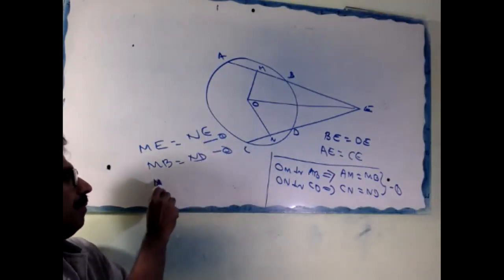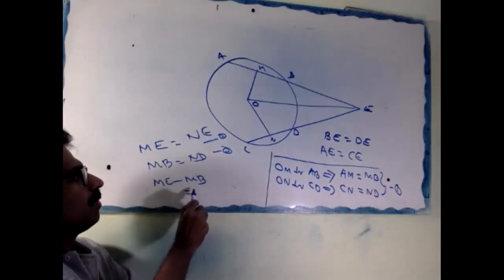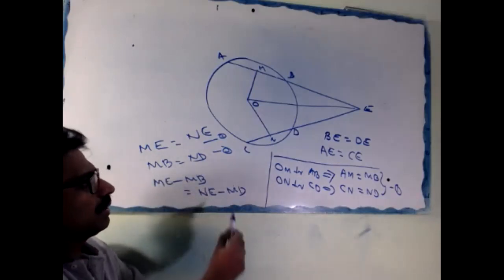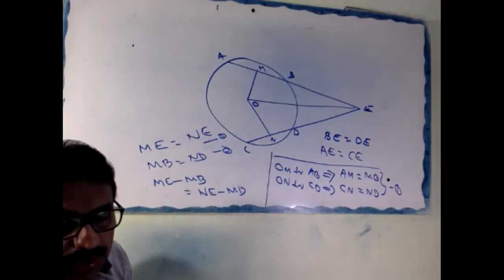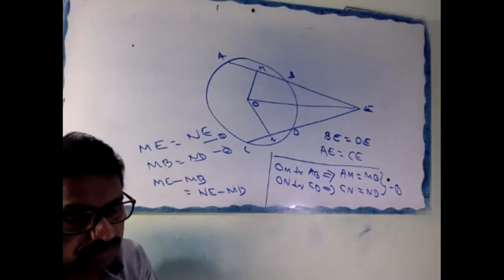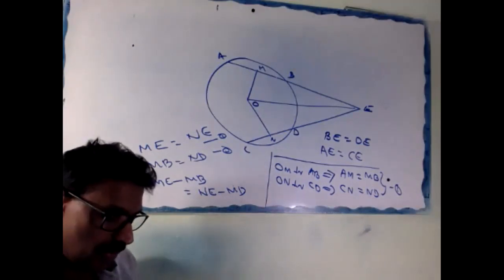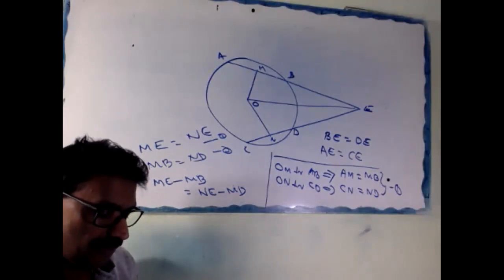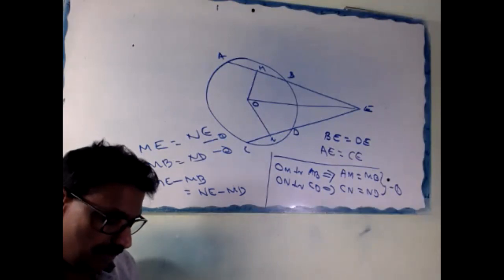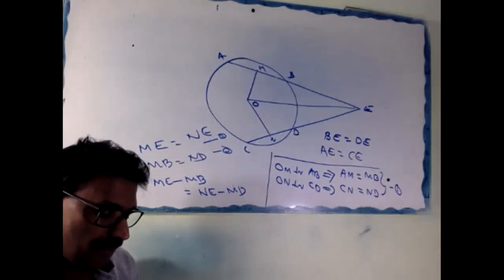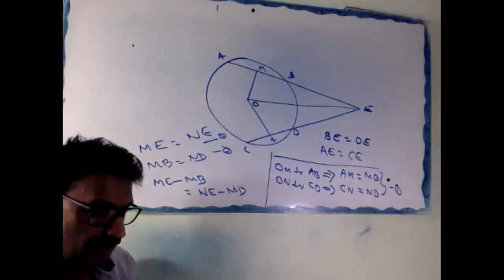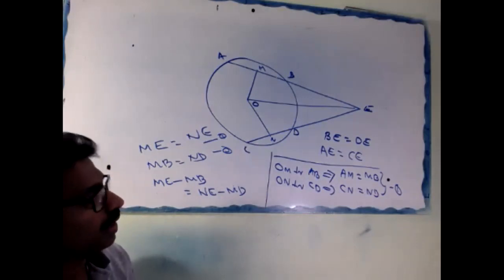So subtracting, ME minus MB equals NE minus ND. What is that? BE equals DE.